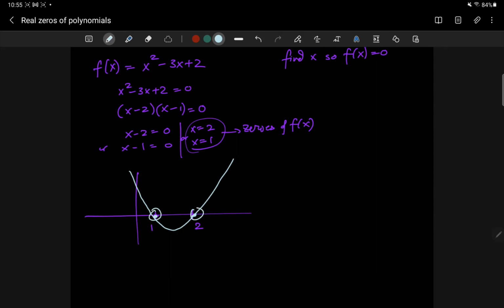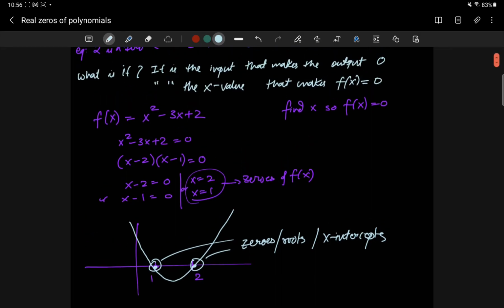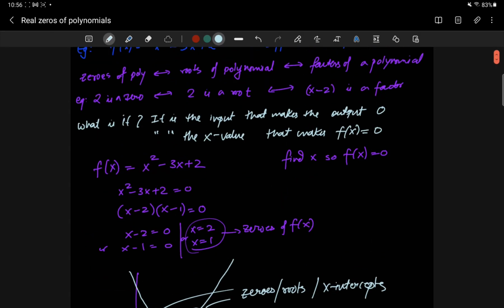These values you can consider zeros or roots, and these are also the x-intercepts. So all of these terms can be used interchangeably. The x-intercept of a polynomial function is a zero, is a root of the function, and x minus that number is one of the factors of the polynomial.